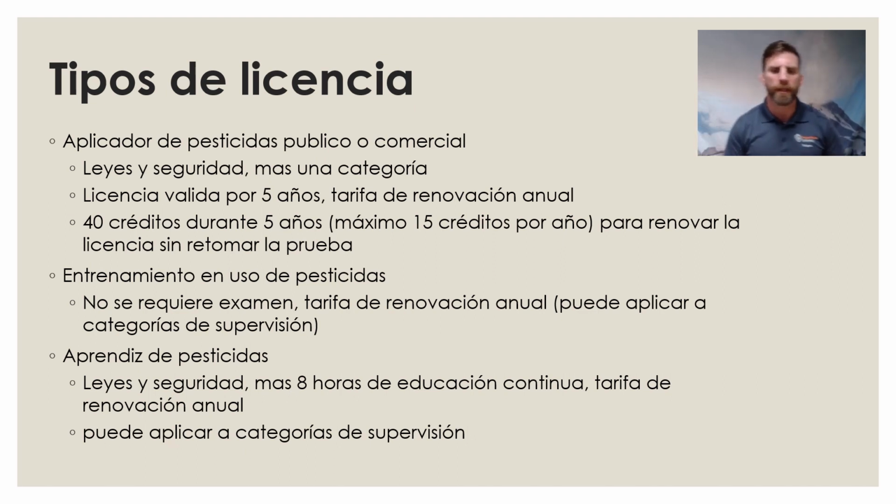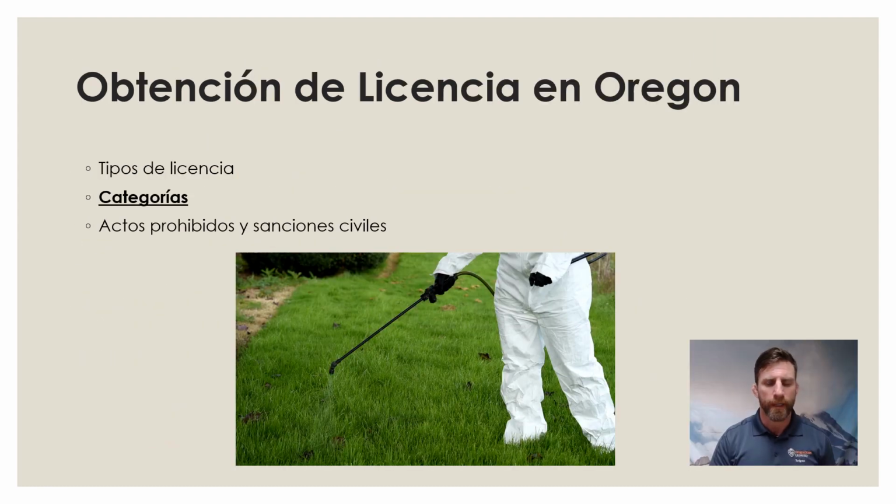Okay, so we've talked about how commercial and public pesticide applicators have to have laws and safety and a category. So let's talk a little bit more about what the categories mean. Okay, so categories. What does the category section of the license mean?